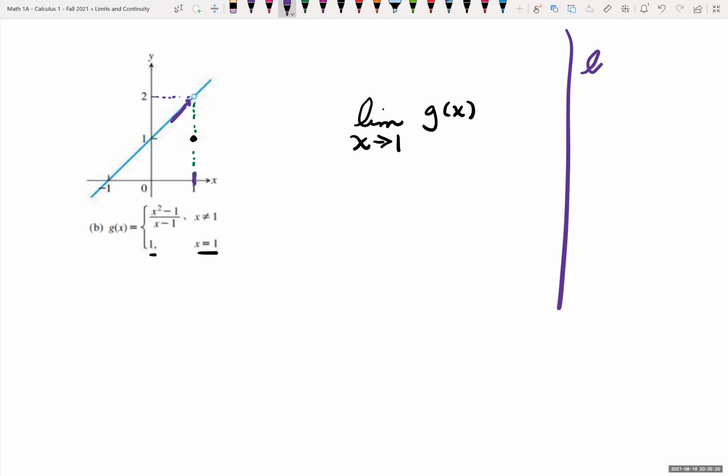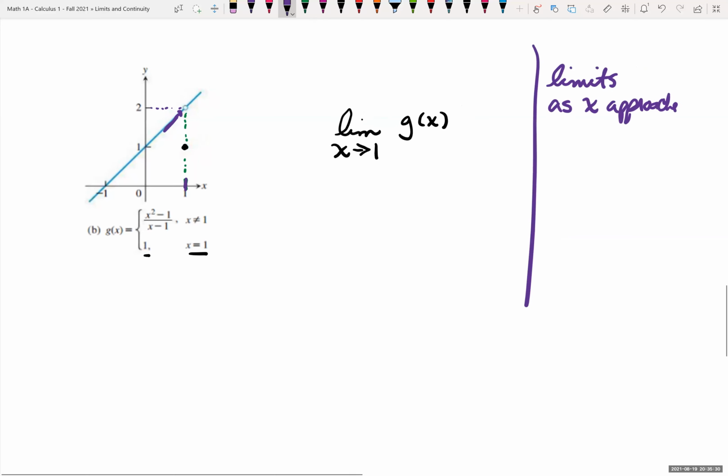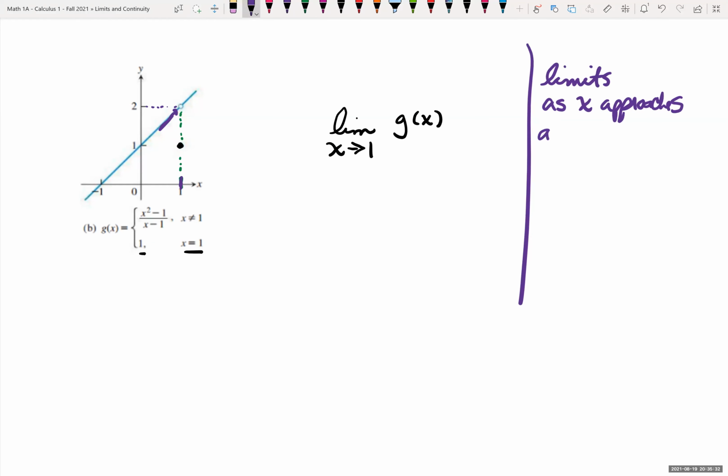So, limits as x approaches a number on the left, we're going to write this as a limit as x approaches some value. I'm just going to put 1 in here.